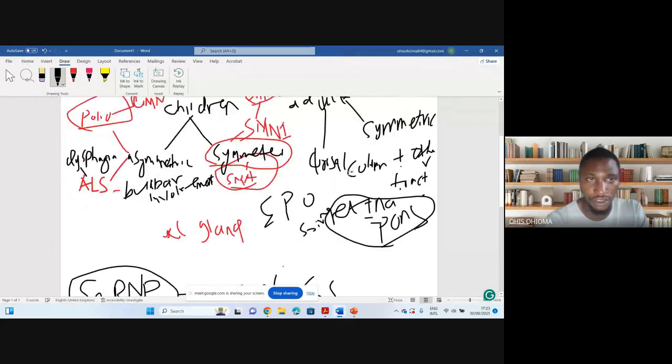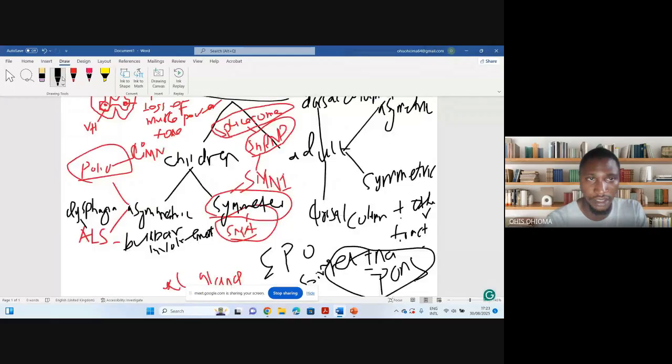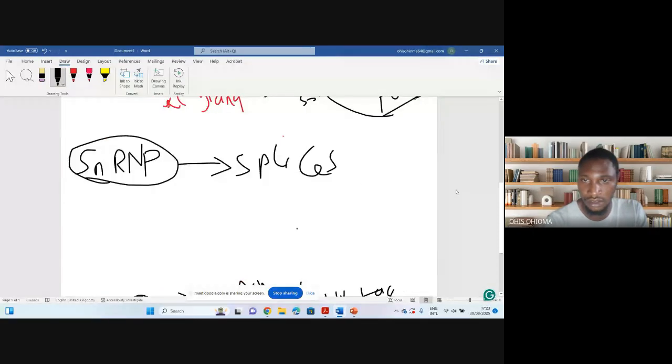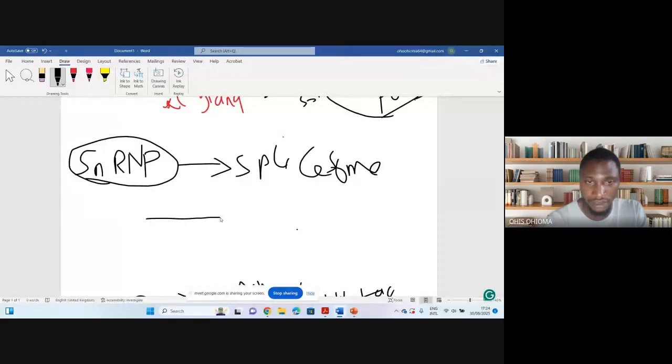And basically, what a spliceosome does is it gets the messenger RNA. The messenger RNA has two parts: the exons and the introns. So I think this is the intron, and these are the exons.